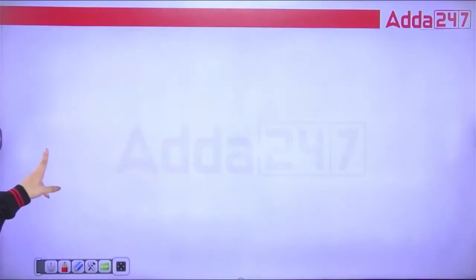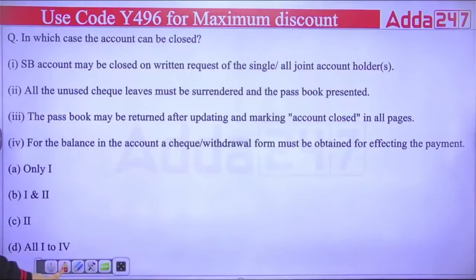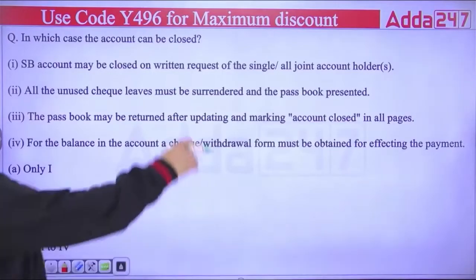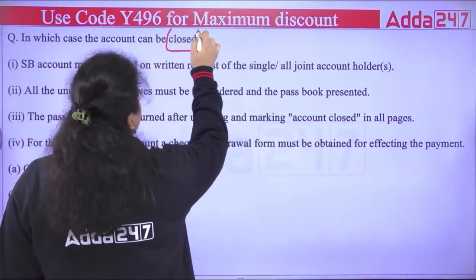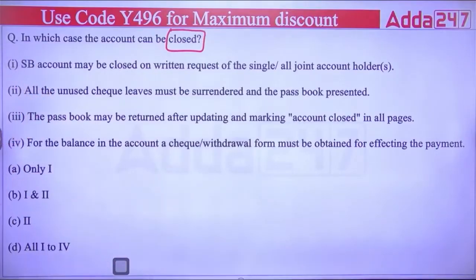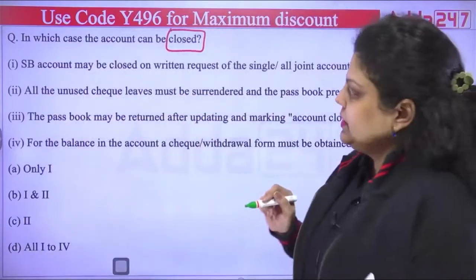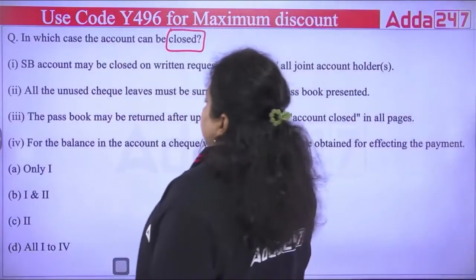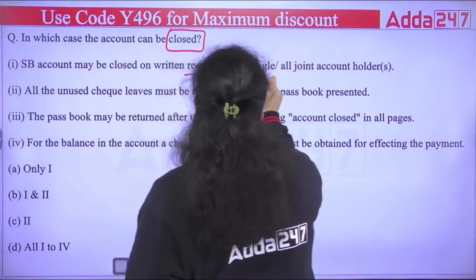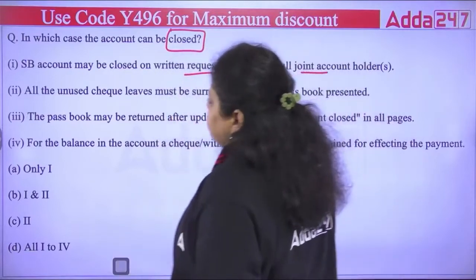Okay, next question. It is asking here in which case the account can be closed. In which particular case the account can be closed. First is saying savings bank account may be closed on written request of single or all joint account holders.